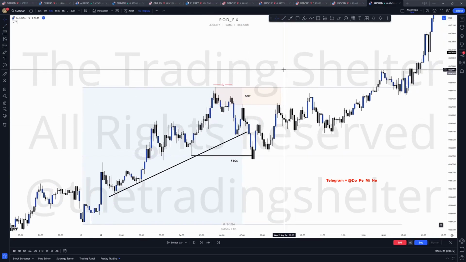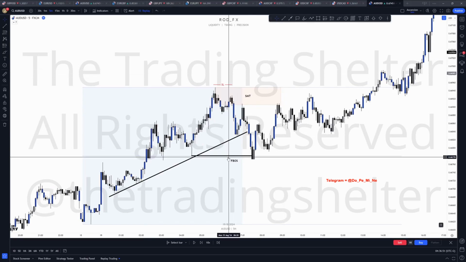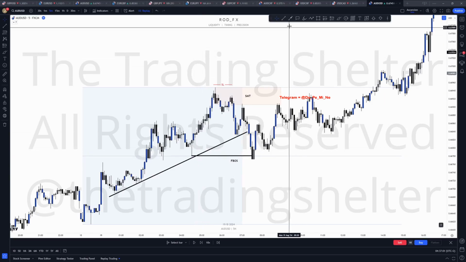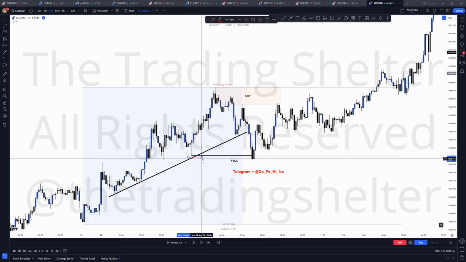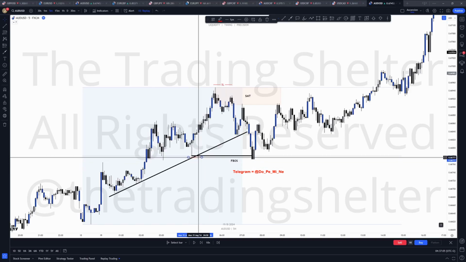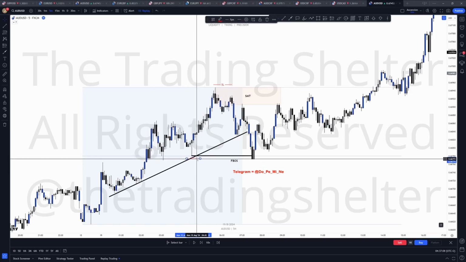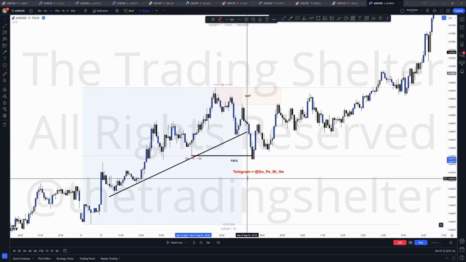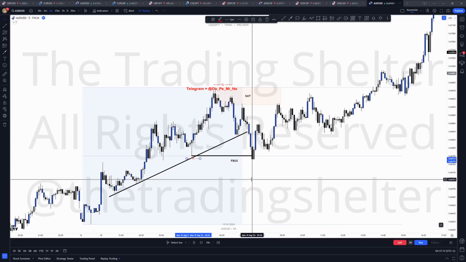When you have trend lines that break like this, you can call those false break of structure also, but what you want to search for is structural inducement. In this case, this point here, right? There's this point that got induced.